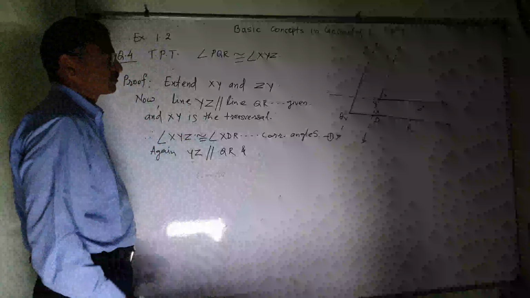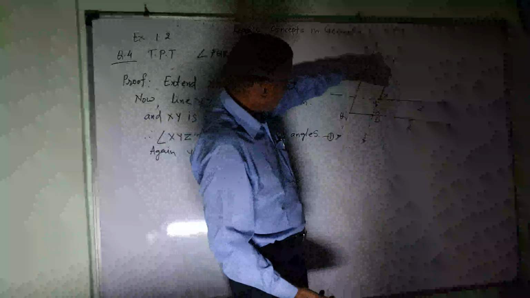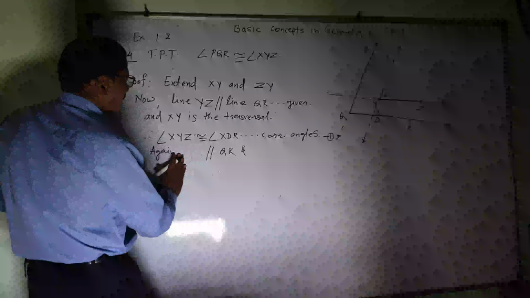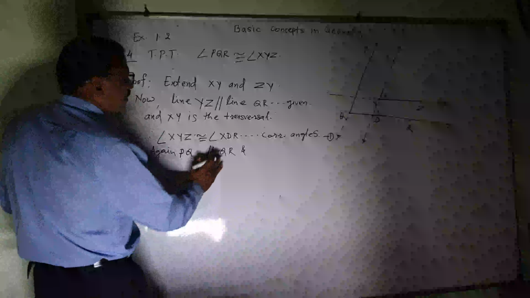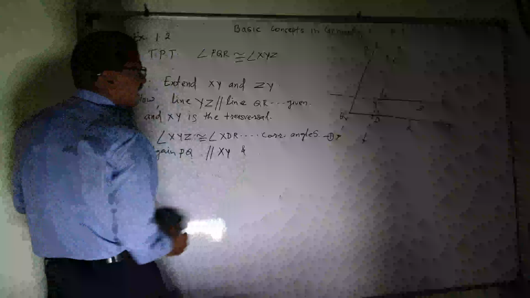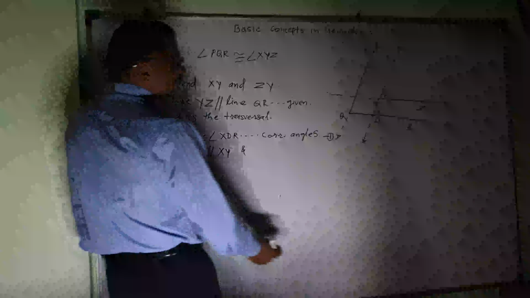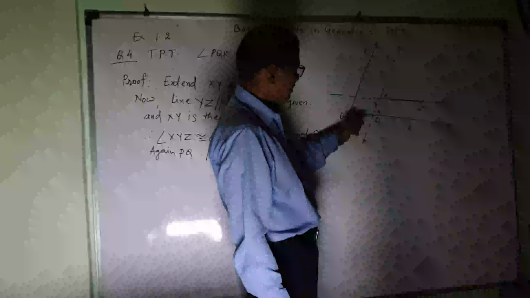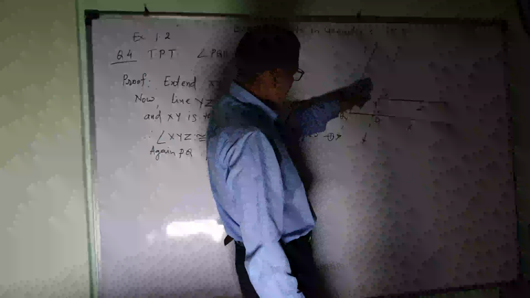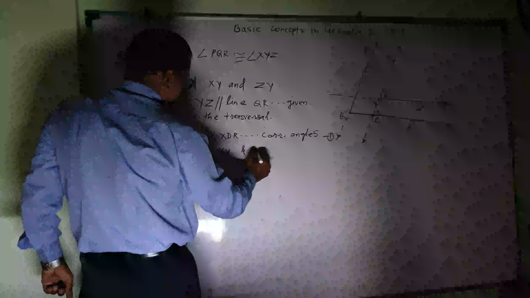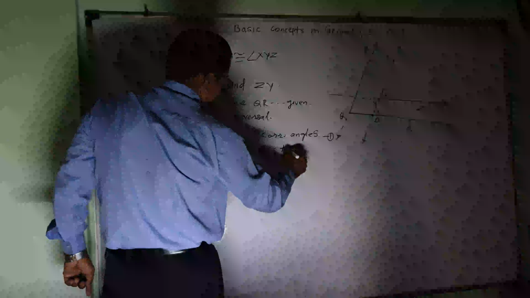And see this, now we are considering this PQ. PQ is parallel to XD, or XY. And which is the transversal? I want the relation of this. So these two are parallel and QR is the transversal.